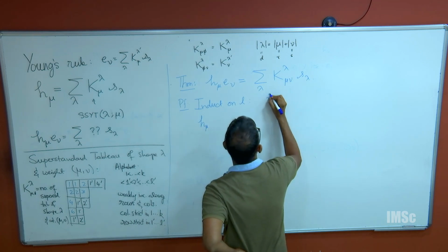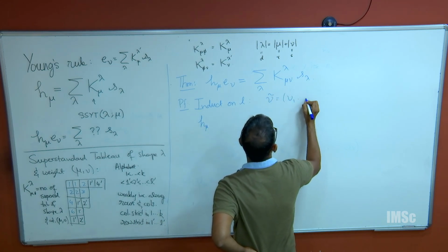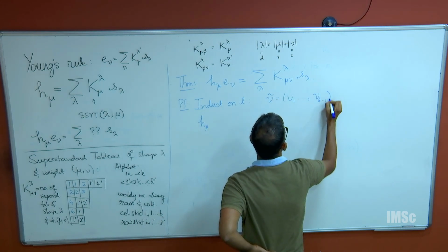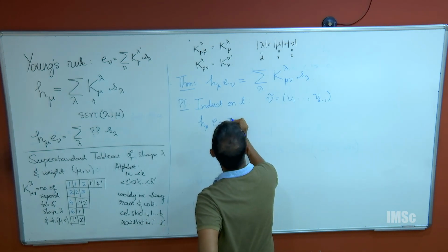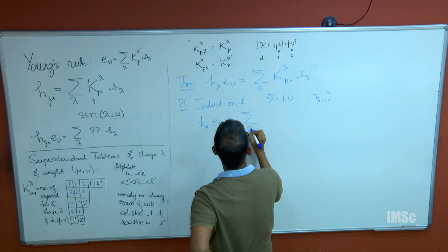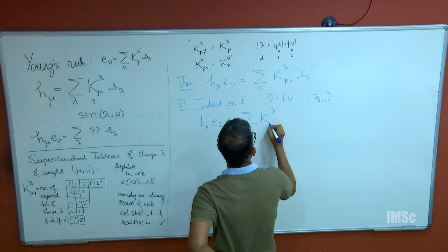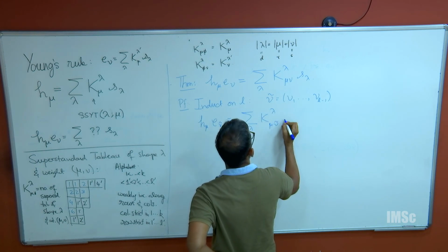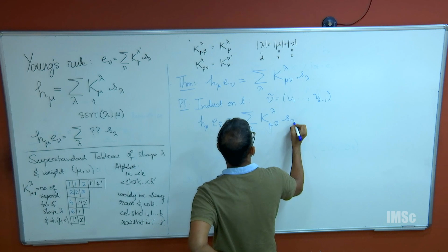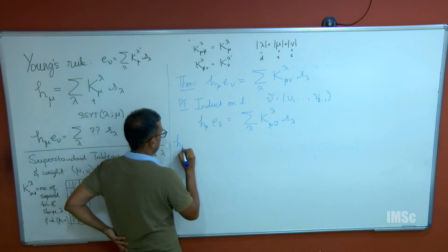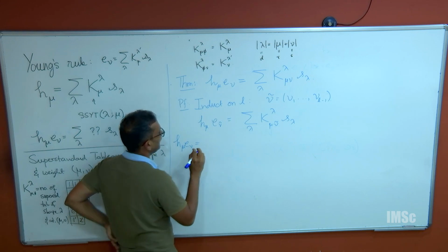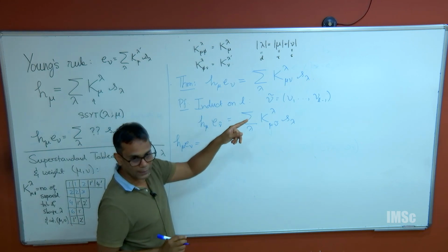Let us say ν tilde equals (ν_1, up to ν_{l-1}). Then h_μ e_ν̃ is the summation over λ of K_{λμν̃} s_λ. Now h_μ e_ν is h_μ e_ν̃ times e_{ν_l}.